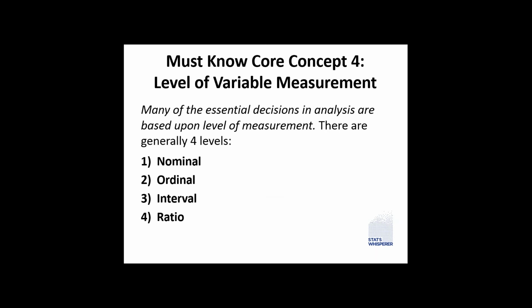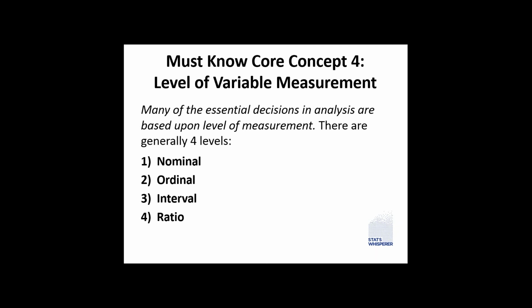Now, a lot of the big decisions in quantitative analysis are based upon the level of variable measurement, which is must-know core concept 4. Generally, people recognize 4 levels of variable measurement. You can see I've slowed down, so listen up, listen tight.